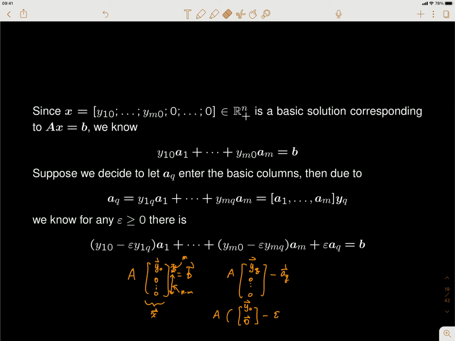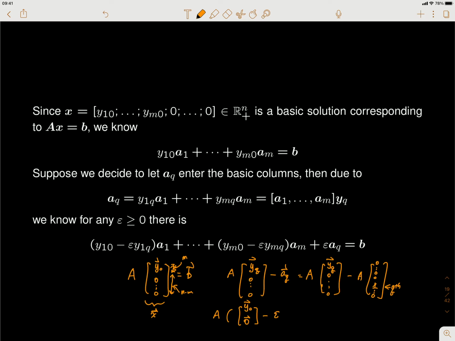So let me continue writing this. This is A times y0, then 0, 0, 0, minus, remember that Aq is just the qth column of the matrix A. So it's like I'm multiplying A by this vector, which is 0, 0, 0 and then 0, where one of them is 1, and this is the qth one.